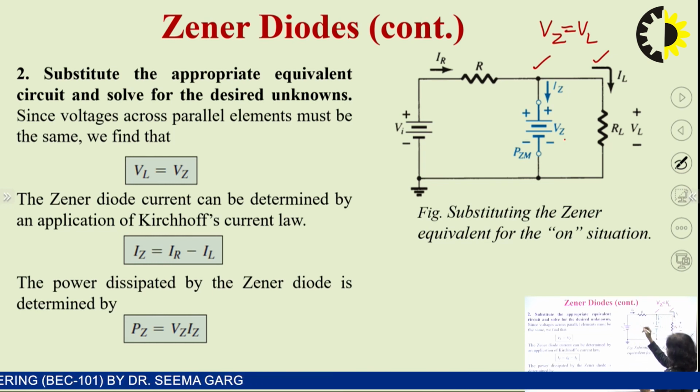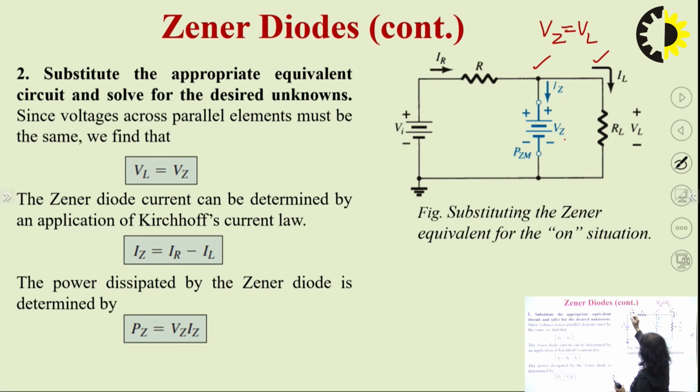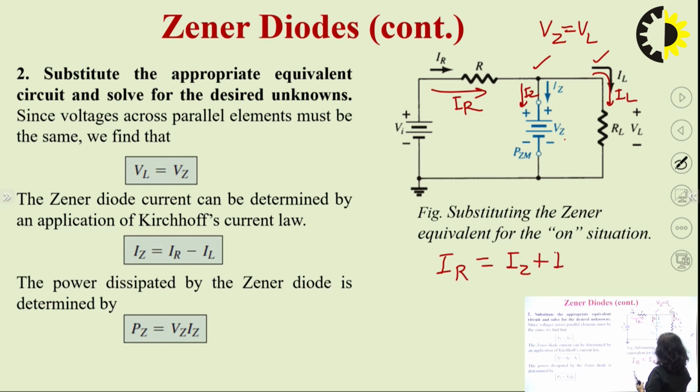Here we can see in the circuit that the total current is IR, which is divided into two currents, IZ and IL. So the equation of the current will be IR is equal to IZ plus IL. So IZ can be calculated by using this equation, that is IR minus IL.